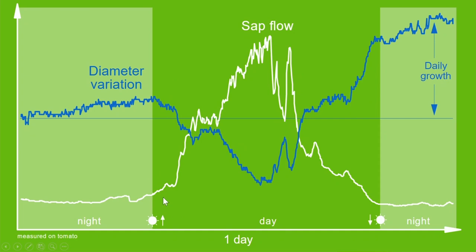So what we basically see in a day is when the sun comes up, the sap flow, the white line, goes upwards. This is because there's more temperature, and the radiation is actually the main driver for sap flow and for photosynthesis. At the same time, we will see that the diameter will start to shrink.